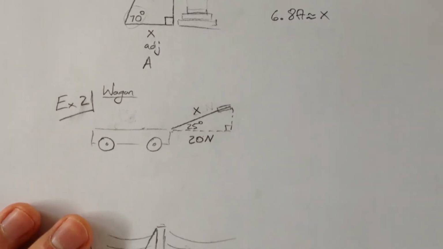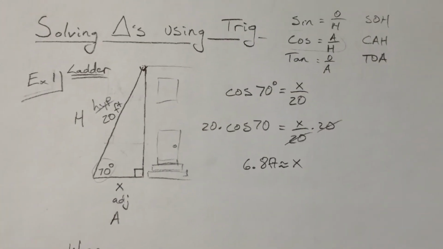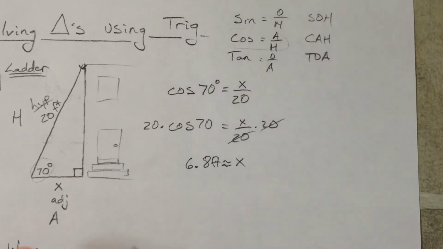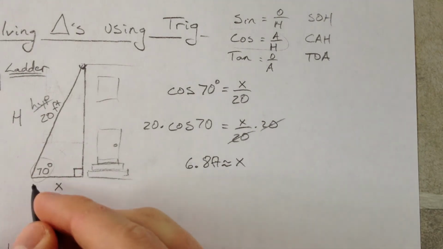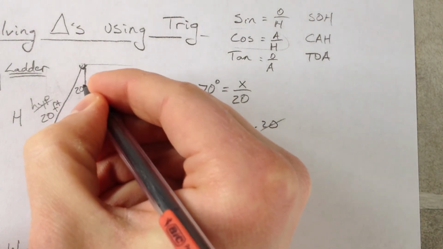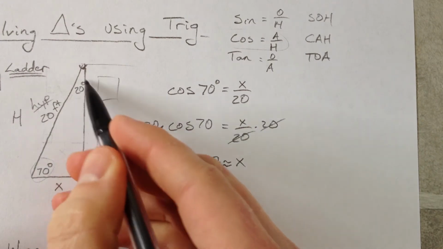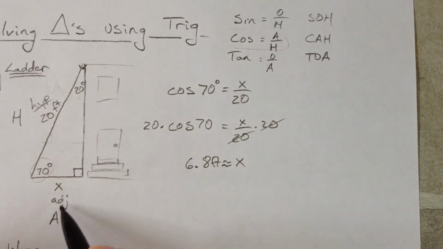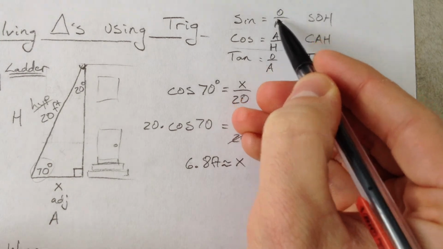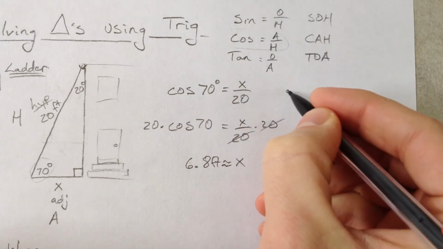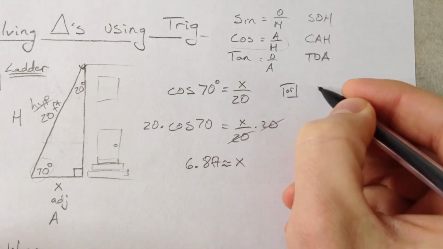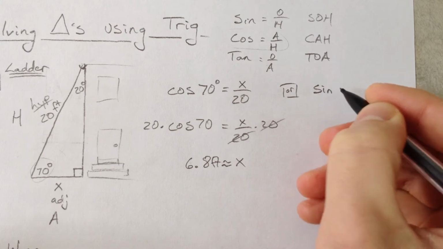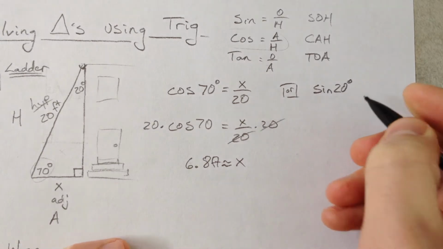Next, I also wanted to real quick say that if you didn't want to use the 70, you could use the 20 up here. It changes your equation a little bit, because then the x is all of a sudden not adjacent, but opposite. And the opposite would be O and H, so I would use sine. So you could also set it up with the sine, but now it's of the 20-degree angle.